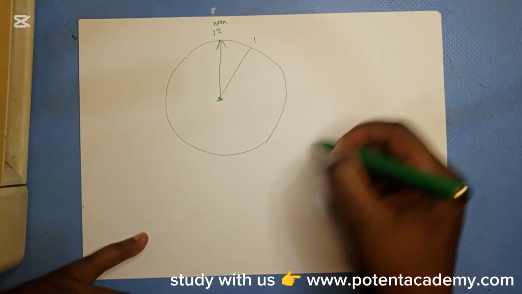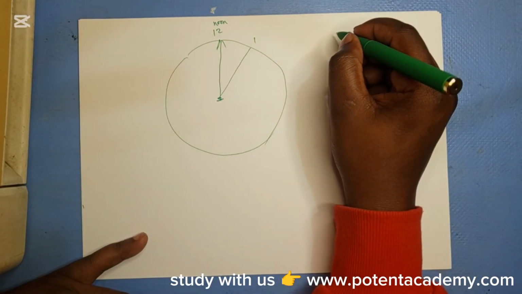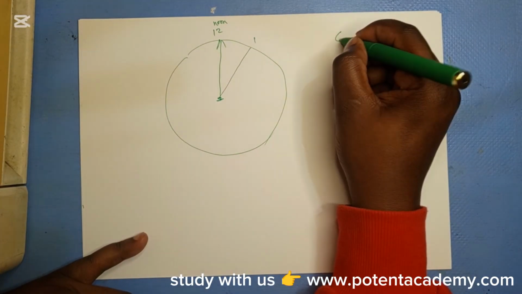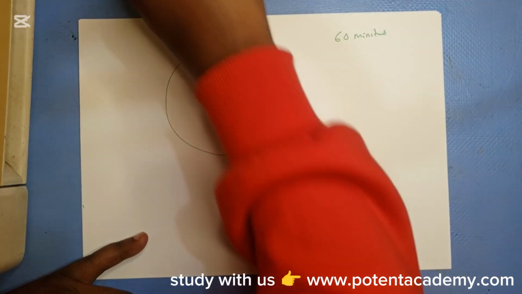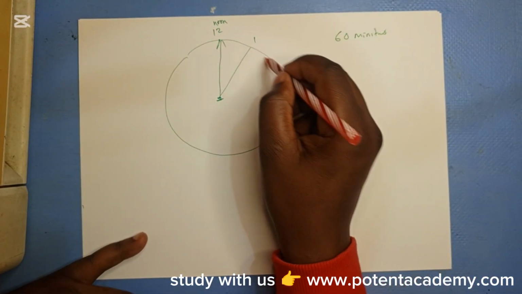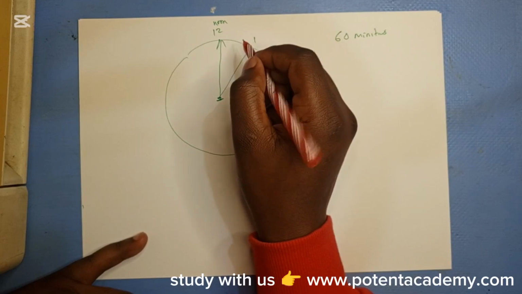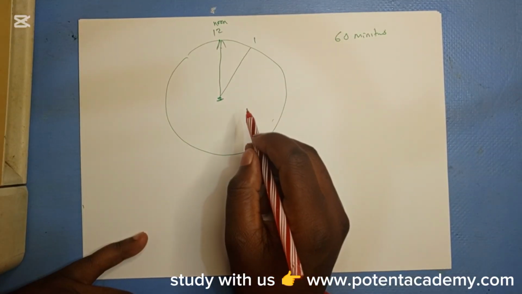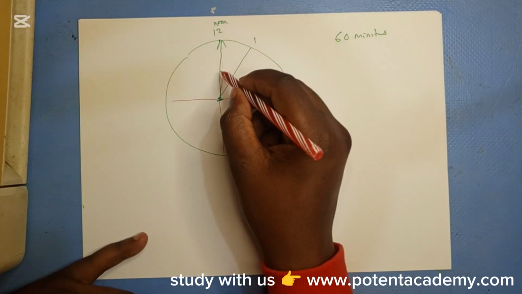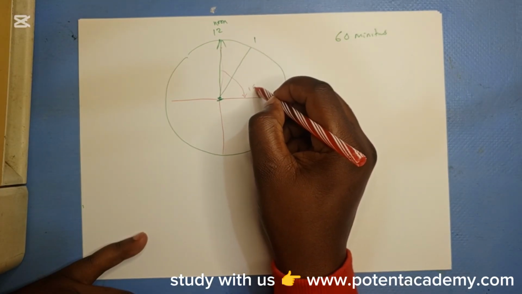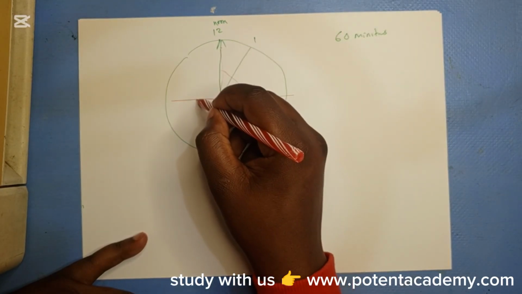So remember, when the minute hand is going around, it revolves through 60 minutes. If you divide, this will be 15 minutes, 15, 30, another 15.